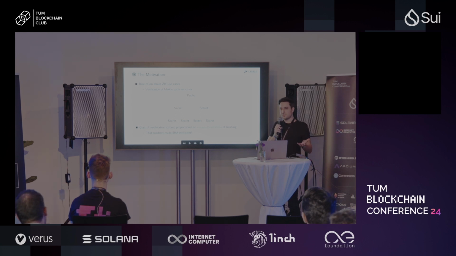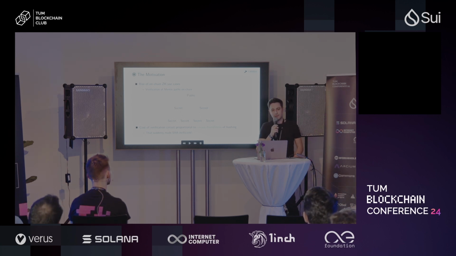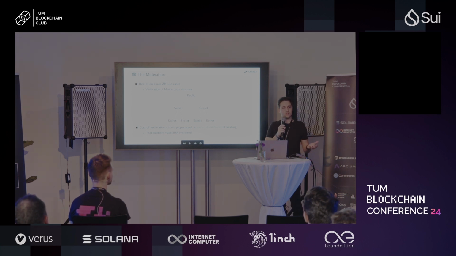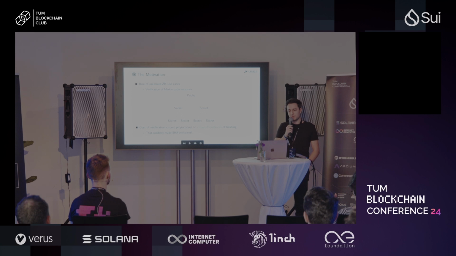There has been a rise of on-chain ZK use cases. Again, this is years ago. Very generally, we have some public state or public root of some Merkle tree. One thing we can do is, for example, prove that some leaf value, a secret here, is in this Merkle tree. Of course, we can do this very simply by just providing the authentication path and the leaf value.